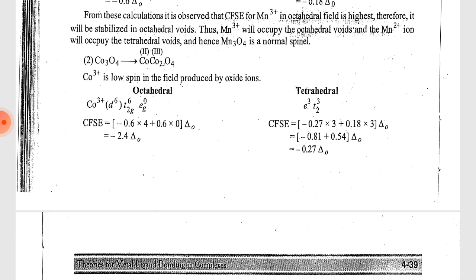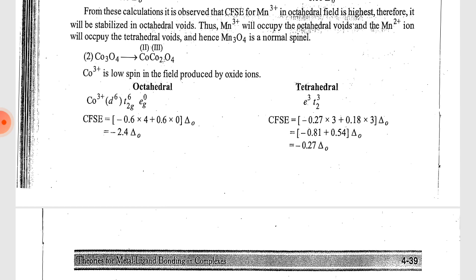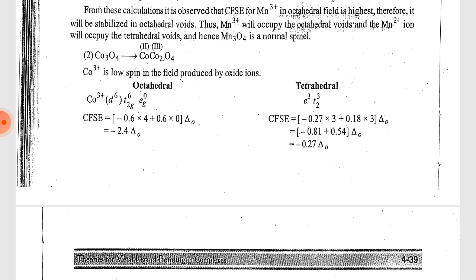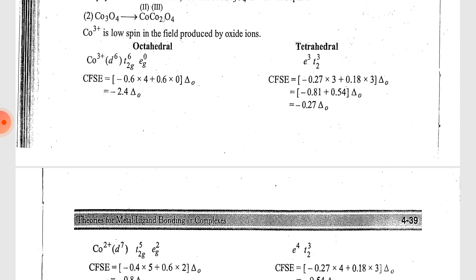From this calculation, it is observed that the CFSE for Mn3+ in the octahedral field is highest. Therefore, it will be stabilized in the octahedral void. Thus, Mn3+ will occupy the octahedral void and Mn2+ ion will occupy the tetrahedral void, and hence Mn3O4 is a normal spinel.